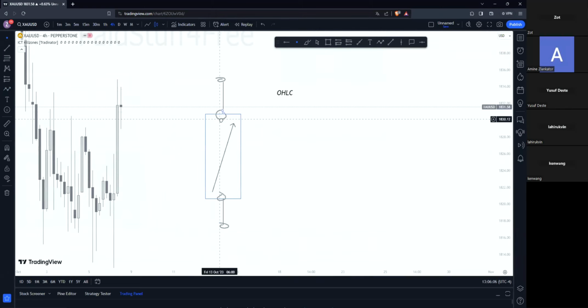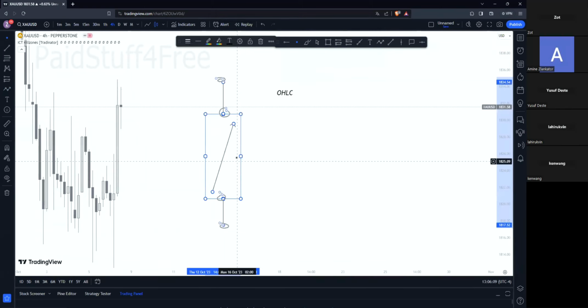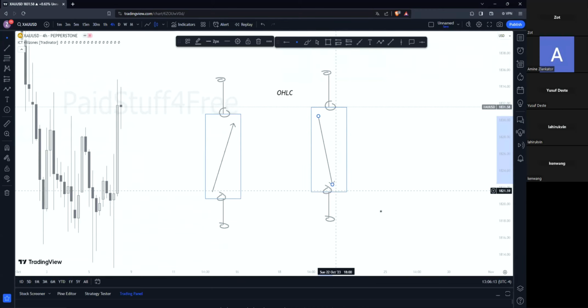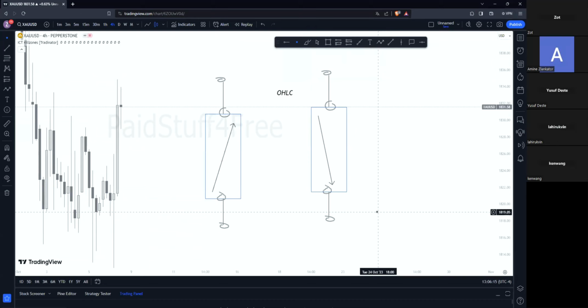The closing is going to be above on a green candle, but on a red candle, the closing is below, right? So I want you to only focus on the closing, okay? Forget about the opening, forget about the high, forget about the low. Focus only on the closing.